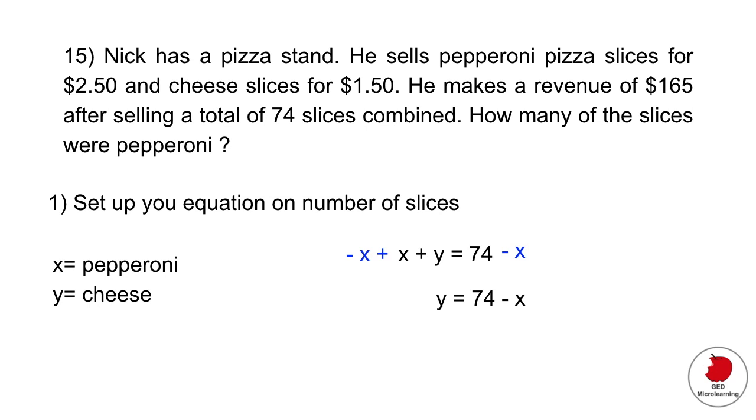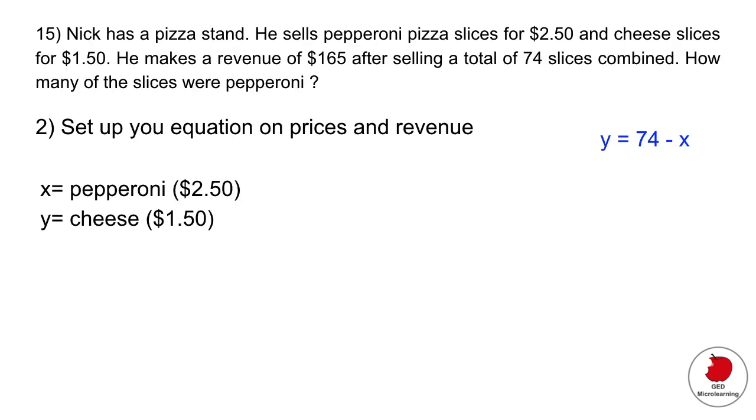You're just going to forget that formula for a second. The next thing you want to do is set up your equation based on prices and revenue. They're telling us that he made a total of $165.